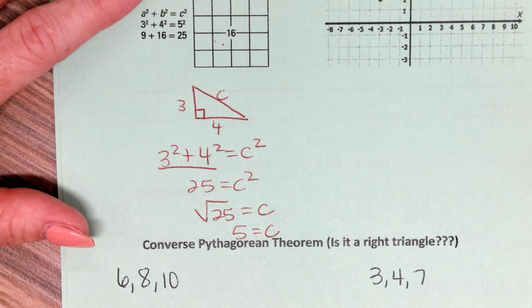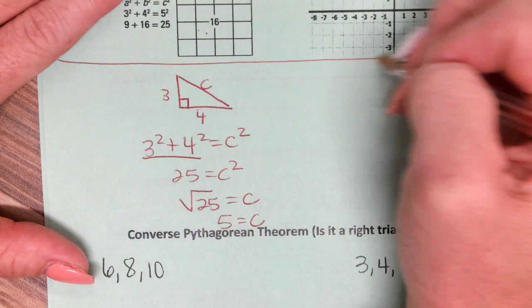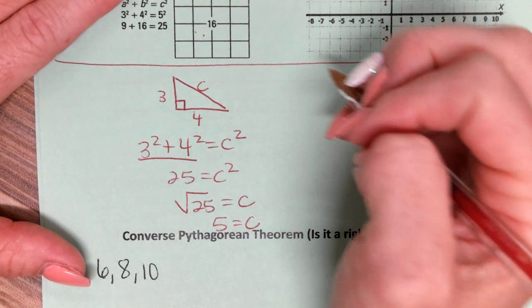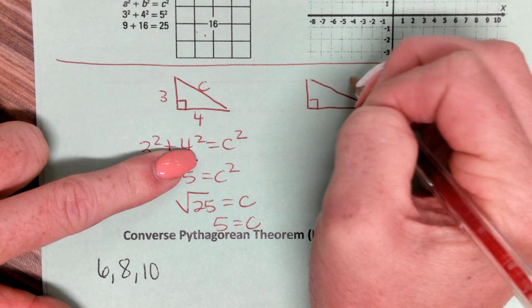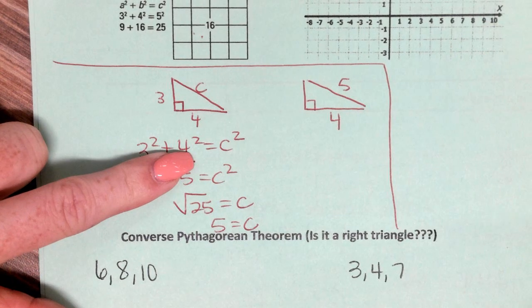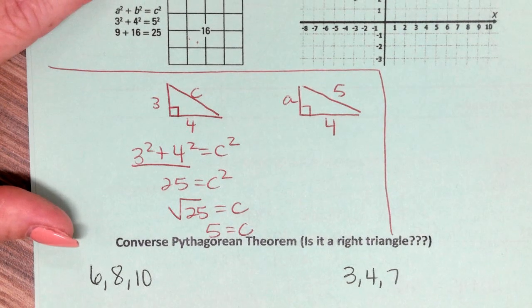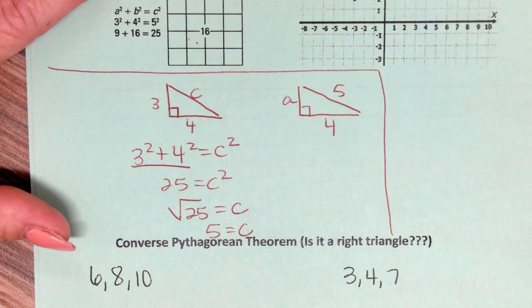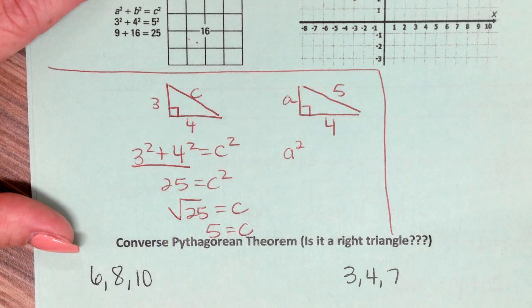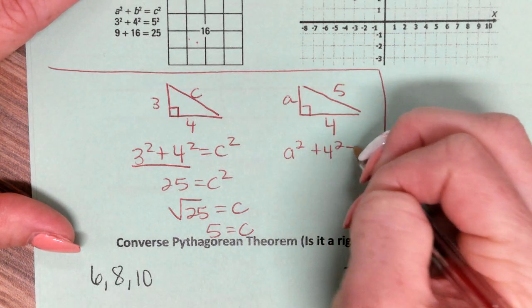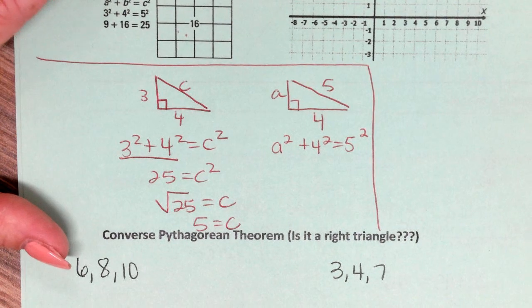Are y'all with me? What if they had given you, and I'm just going to draw it like this because I need space over here. What if they had given you this same triangle, but they had already told you this is 5 and this is 4? How would you solve for this side? I'm waiting for somebody to set it up. A squared plus 4 squared equals, all right, would I add or would I subtract?